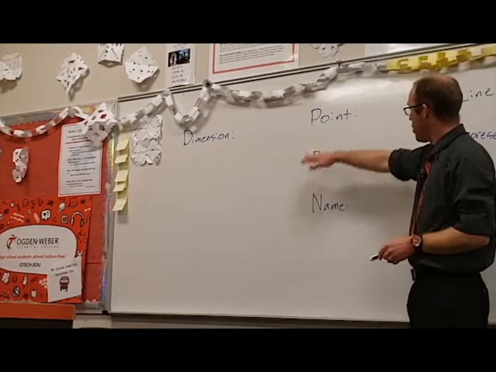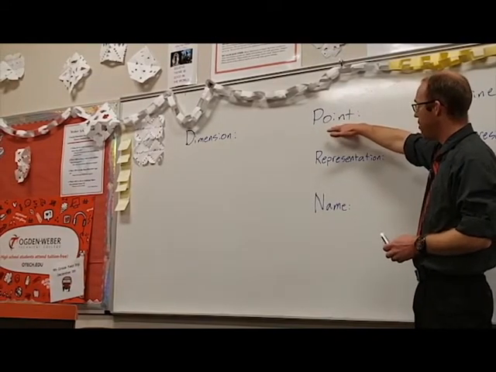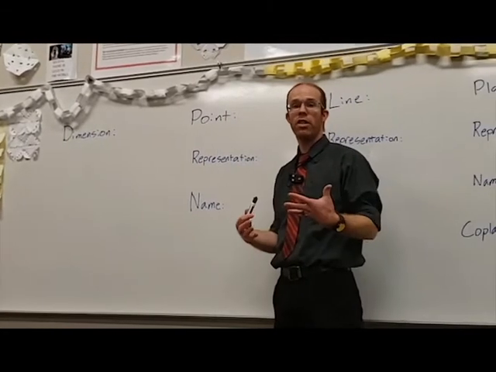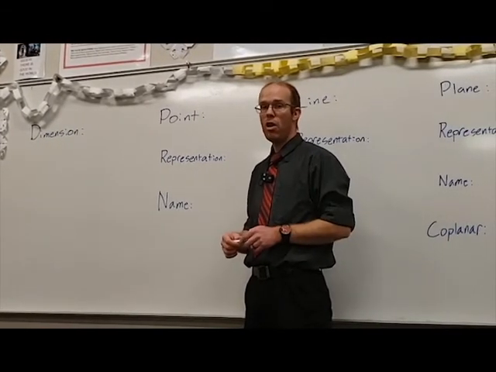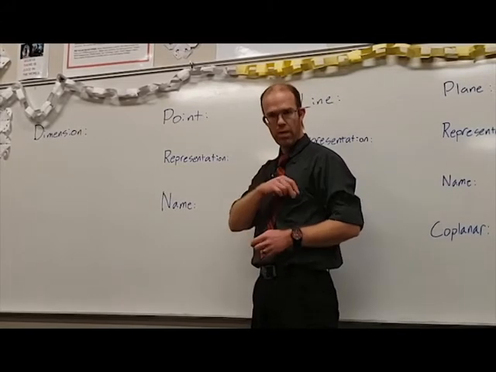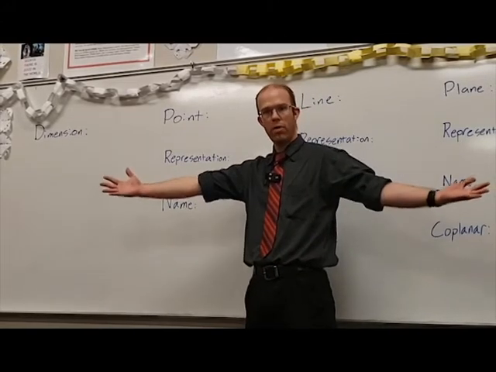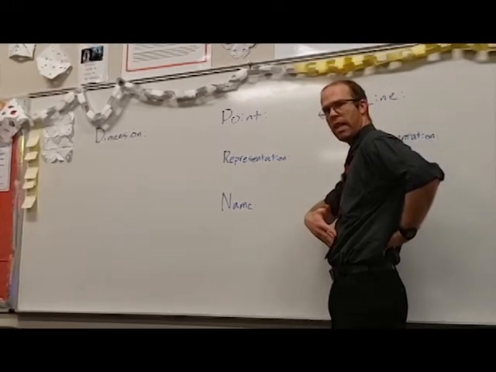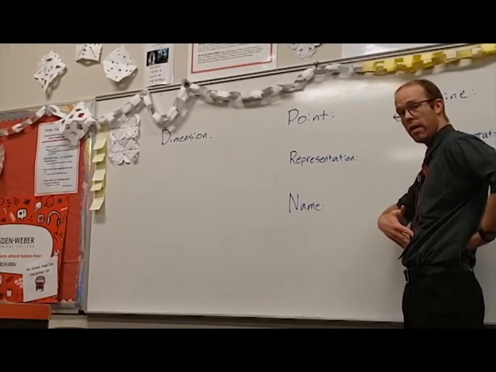When we get to our geometry, the first definition is point, and point is defined as an object that has no dimension. So what does that mean? That means we've taken our width, we've taken our height, and we've taken our depth, and we've taken them all away.